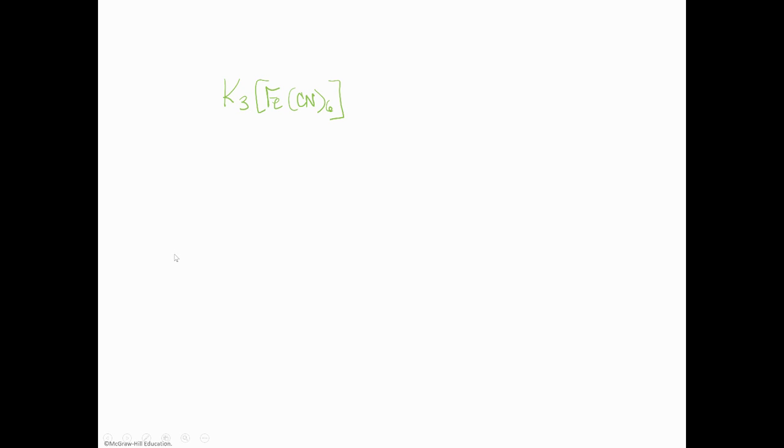Pause me and figure that out, and then I'll go over that. Okay, so you're back, and again, there are potassium's plus. So this means that this is a 3 minus.